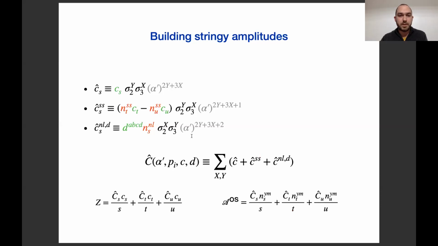And finally, you have this, where you'd have, again, a kinematic numerator dressed with a permutation invariant color with some dressing. You put all of these together in a big capital C that now has alpha dependence, Mandelstam dependence, C dependence, and D dependence. And this is all you need to build your favorite stringy low energy expansions.